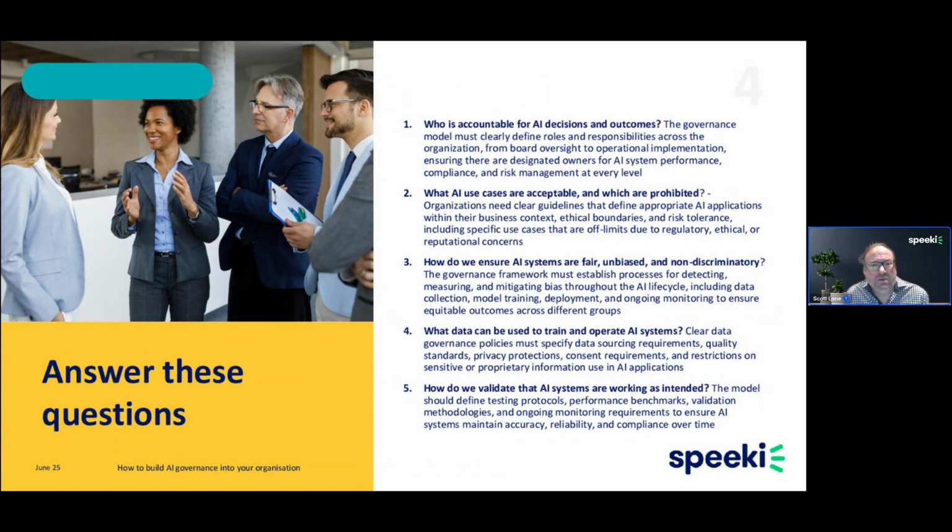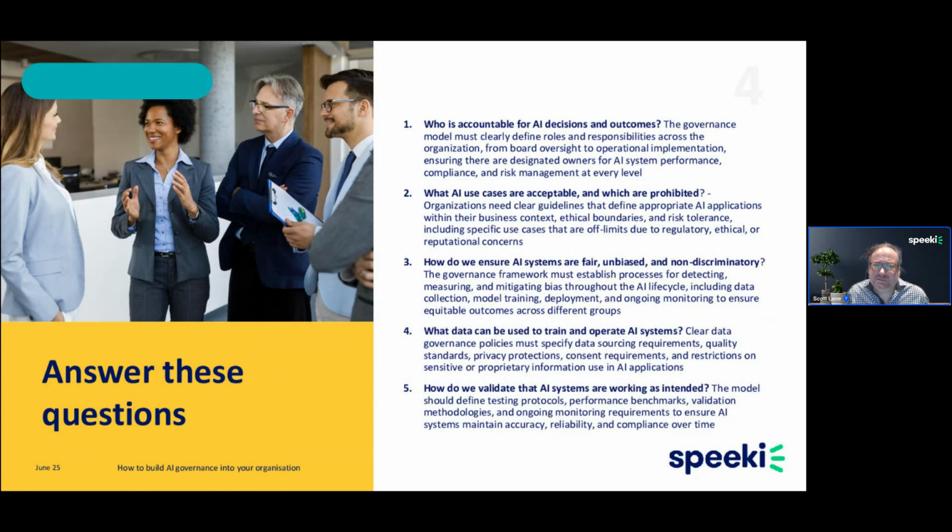So who is responsible for these issues? Who's responsible for the decisions that the AI might execute in the business? Thinking about roles and responsibilities is something that we'll cover a little bit later. But accountability and responsibility have to be set out in this governance model.